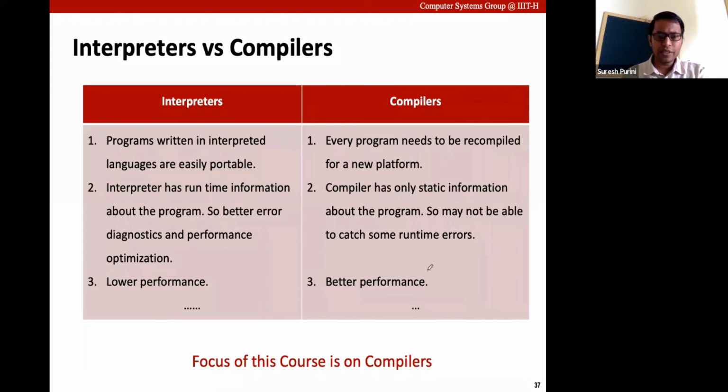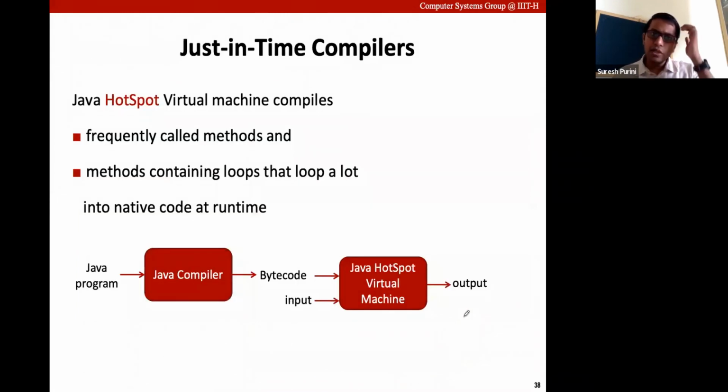So this is what we discussed before. As I said, the focus of this course is on compilers, but the ideas that you learn in designing compilers are very well applicable to interpreters. In order to solve this performance problem, there are what are called hotspot compilation techniques. Your Java program is translated into bytecode by a Java compiler, and this bytecode is given to the virtual machine.